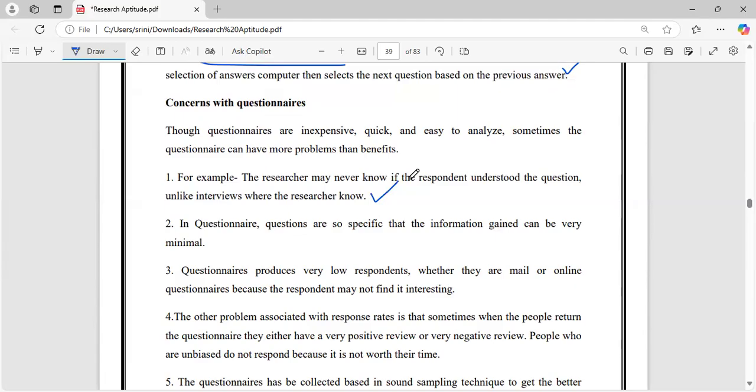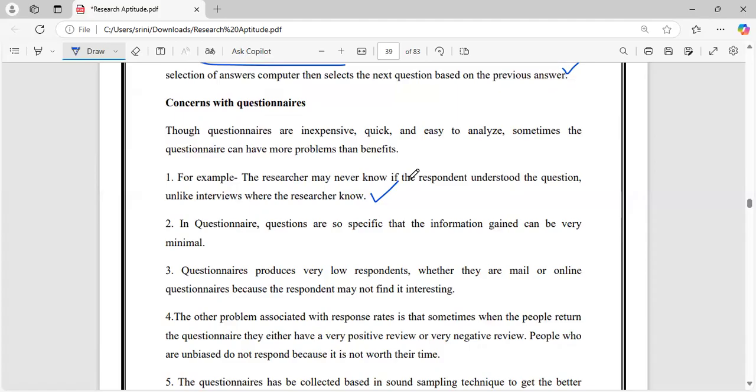Like if we give a questionnaire to a student, sometimes what he does is he just ticks answers, 1, 2, 3, 1, 2, 3, and he just wants to complete it in order to say that I just want to complete this questionnaire and move on to the other one. So they don't want to give any real research.